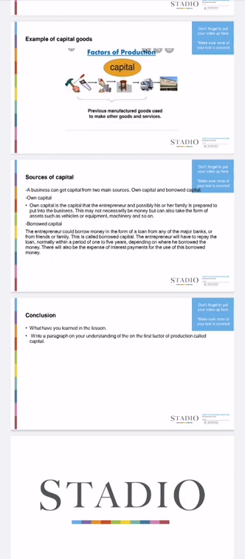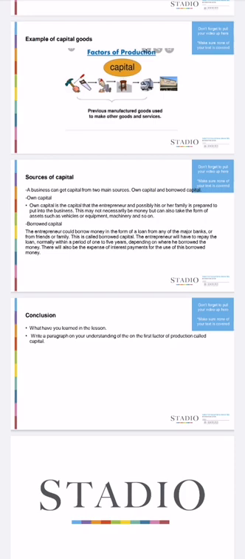Borrowed capital. The entrepreneur could borrow money in the form of a loan from any of the major banks or from friends or family. This is called borrowed capital.